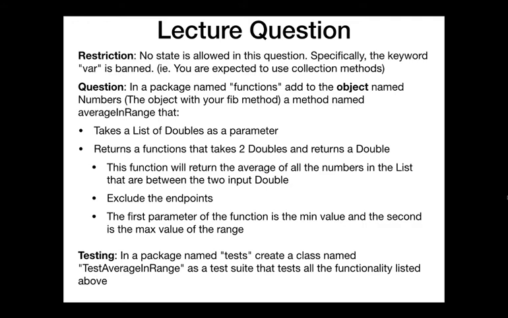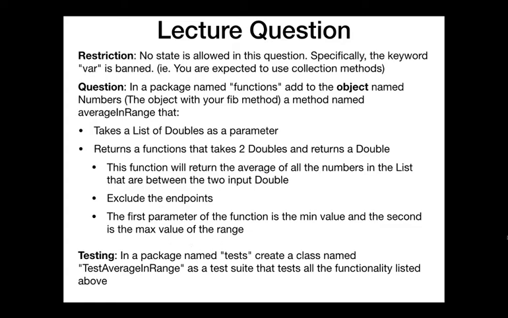I won't test the endpoints either in my primary testing. Don't test right at the endpoints, because what does it mean for two doubles to be equal when we can have these truncation errors? It's kind of an awkward thing to talk about, because we might have those truncation errors and end up excluding the endpoints when they should be included. It's kind of iffy.